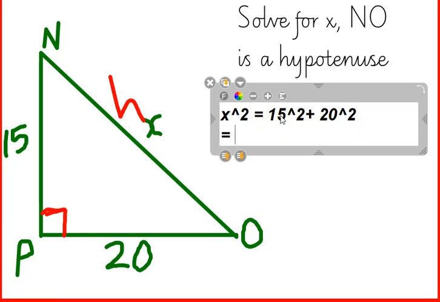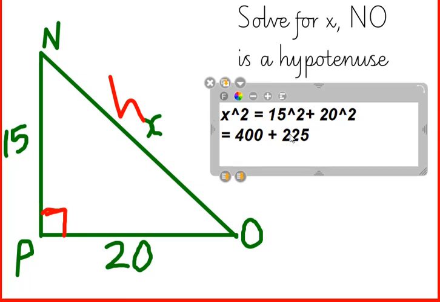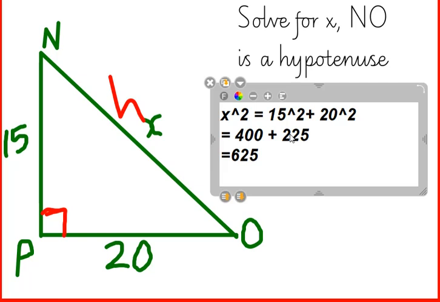Let's simplify: 20 squared is 400 and 15 squared is 225. If you add those together, 225 plus 400 is equal to 625. And that's our x squared.